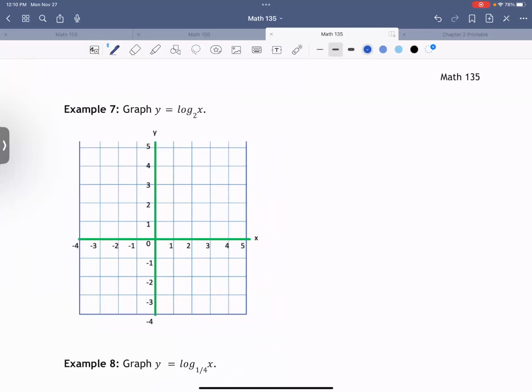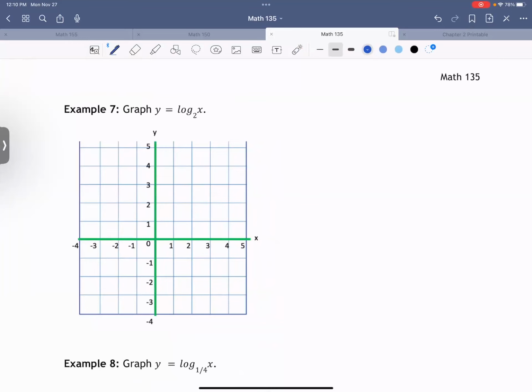Now, I already told you that logarithms and exponentials are opposites of each other. They're inverses. This was a while back, but I did say that when you graph inverses, they are kind of like reflections of each other. In particular, they're reflections over the line y equals x, so over a diagonal line.